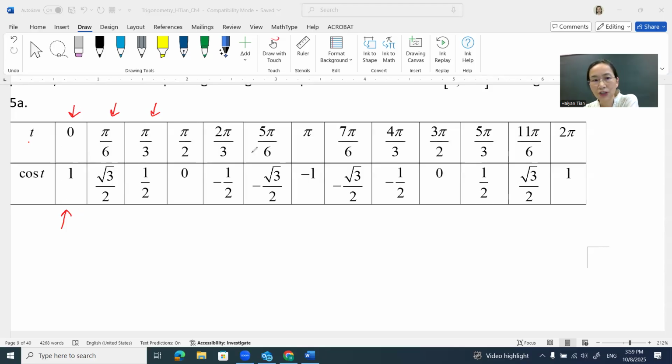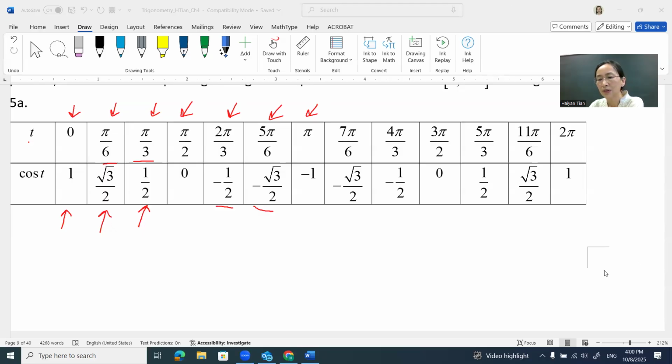So at each t, here pi over 6, we know the cosine value is this. Pi over 3, we know the exact value of cosine at each t. And you see they are all special, right? Pi over 6, pi over 3, pi over 2, pi, 2 pi over 3, and its reference angle will also be those. So it's very easy to get the exact function values.